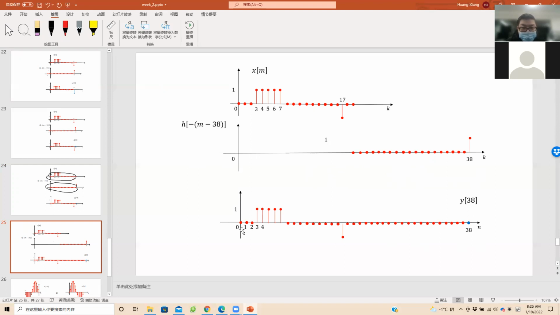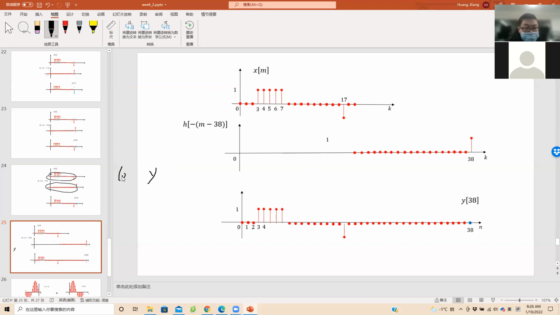So finally, that's why the output signal length should be the input length plus the impulse response length minus 1.